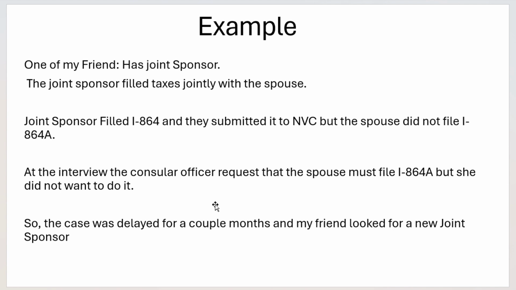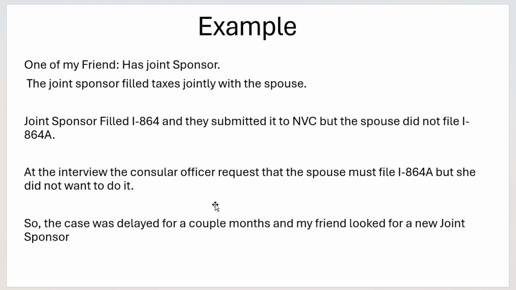I don't know the reason behind it, but she didn't want to do that. So his case was delayed, and he was looking for another joint sponsor. It took him a couple of months to find a new joint sponsor, and when he did, they submitted it and they finally issued his visa.